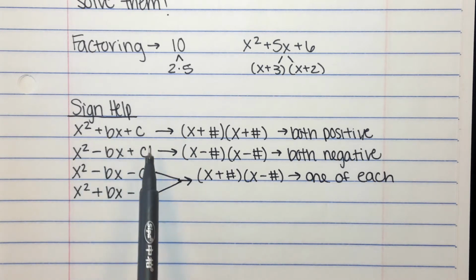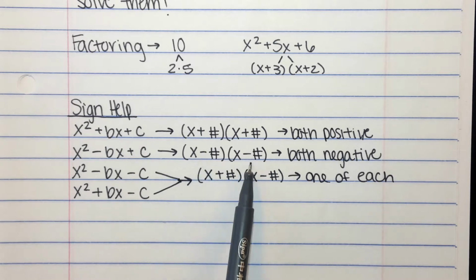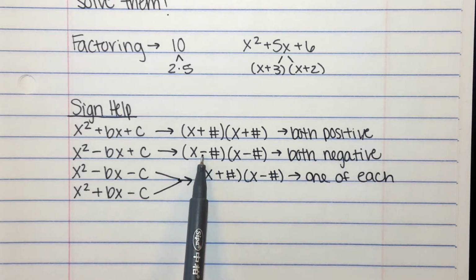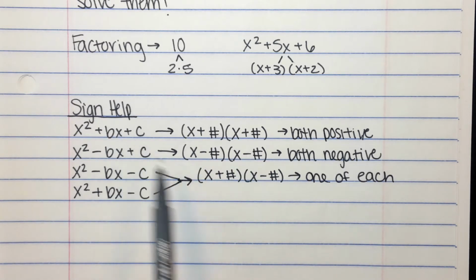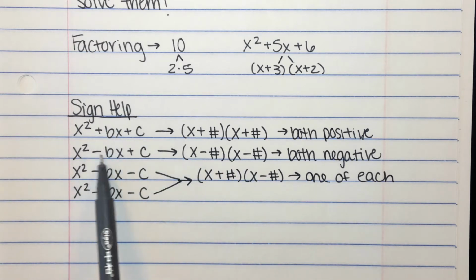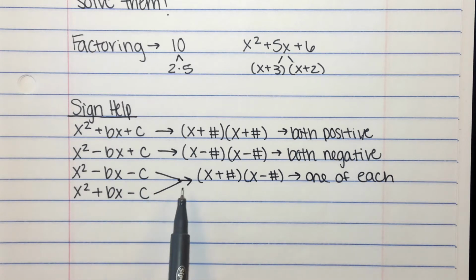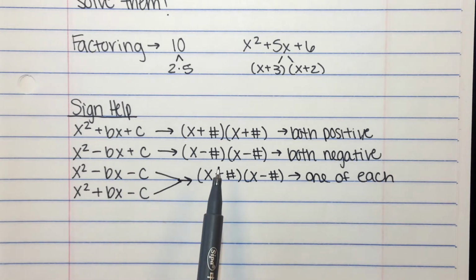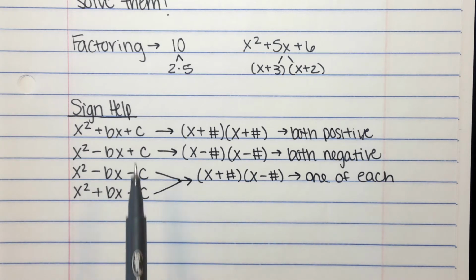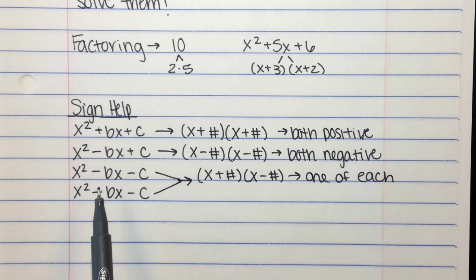If you have a negative b and a positive c, then both factors are going to be negative because negative times a negative is a positive, and those added together will give you a negative. Now, if you have a negative b and negative c or positive b and negative c, then you're going to have a positive factor and a negative factor because a positive times a negative makes a negative. And then the positive and negative b is just going to depend on which factor.